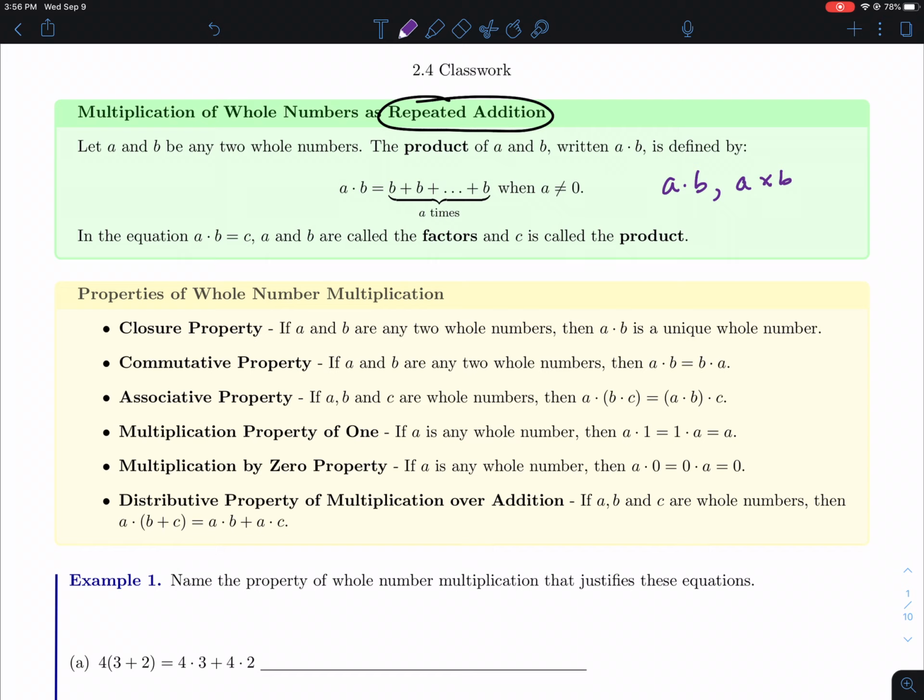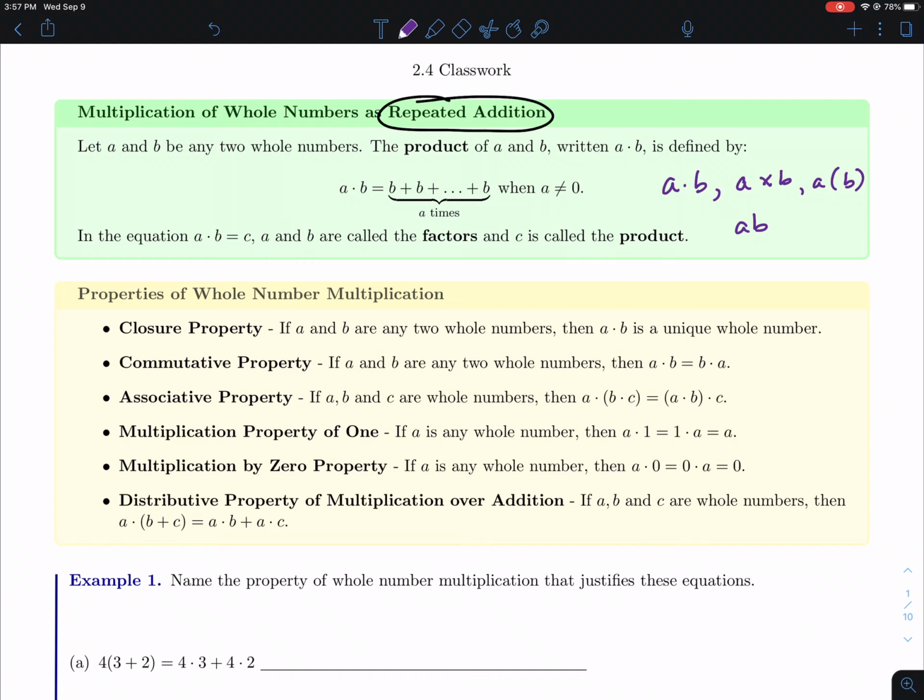They start to get away from it in middle school because eventually they're going to be introducing variables and they don't want you to confuse the times sign with the variable. You could use parentheses, so A parentheses B is another way to represent multiplication. And if it's two letters, you can just write them side by side with no dot, no parentheses, nothing in between. So any of those four things all represent multiplication for us.